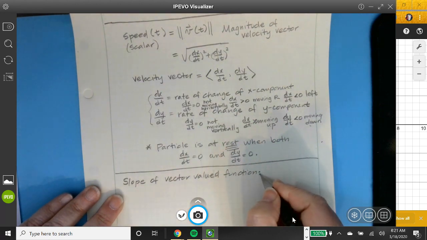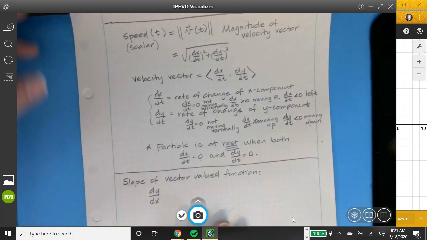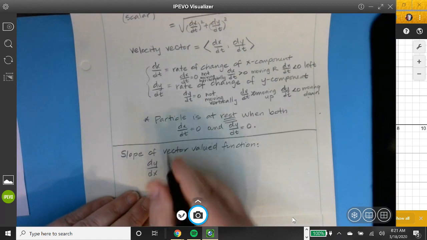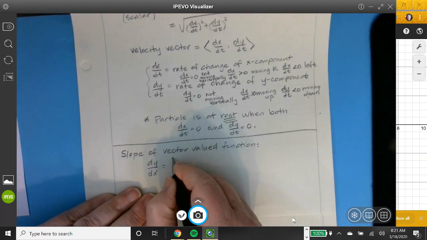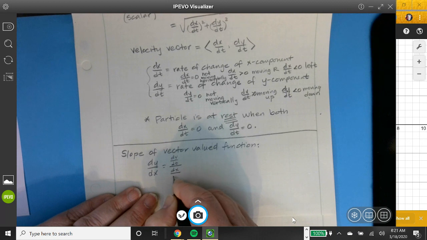Well, slope is as it always is, and that's dy/dx, which is nice, right? The change in y over change in x. And just like we did slope parametrically, we're going to take the y component of the velocity, which is dy/dt, and divide by dx/dt.